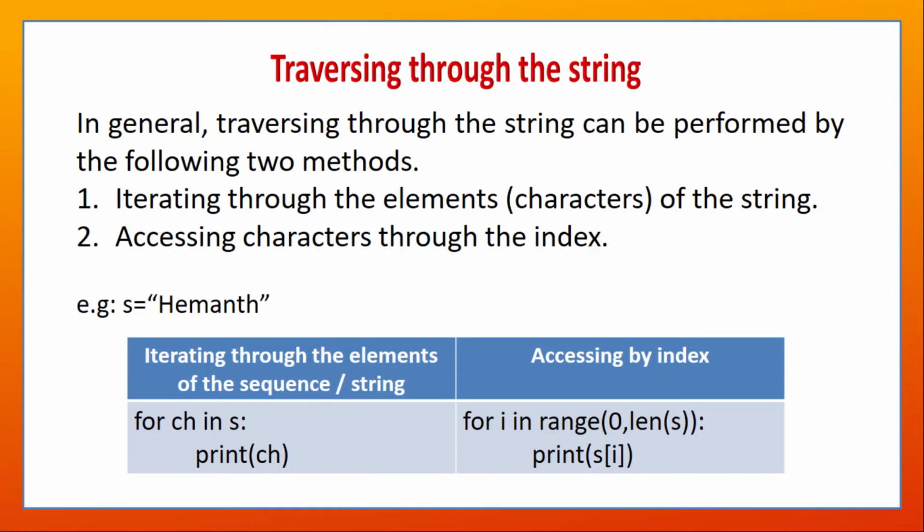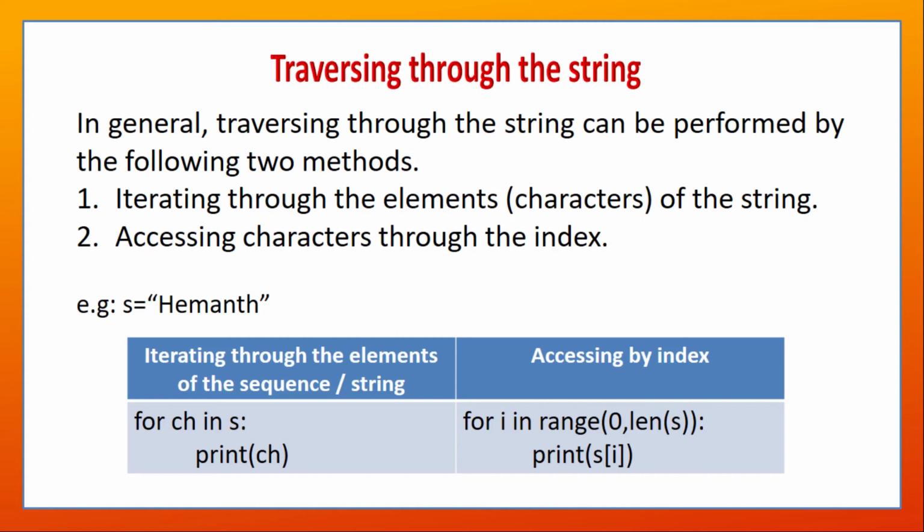Traversing through the string. In general, traversing through the string can be performed by the following two methods. One is iterating through the elements of the string. Second method, accessing characters through the index.